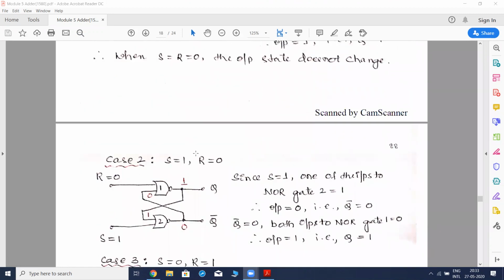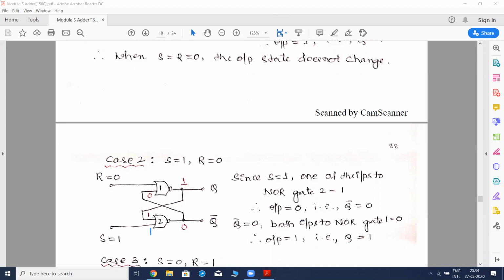So, in this case, we'll take R is equal to 0 and S is equal to 1. When we take S is equal to 1, we need to start the analysis from the second gate. Why? Because here the input is 1 over here, S is 1.